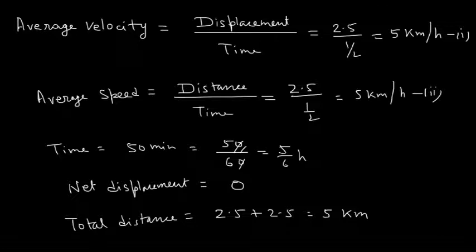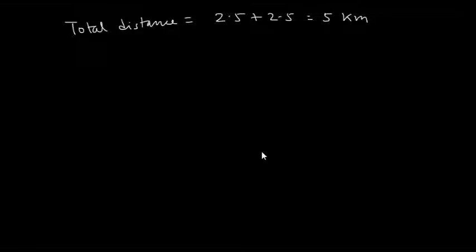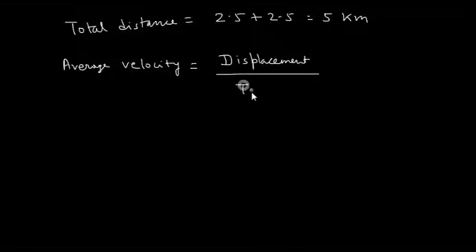Now we can write average velocity is equal to displacement upon time, which is equal to 0. This is the third equation.